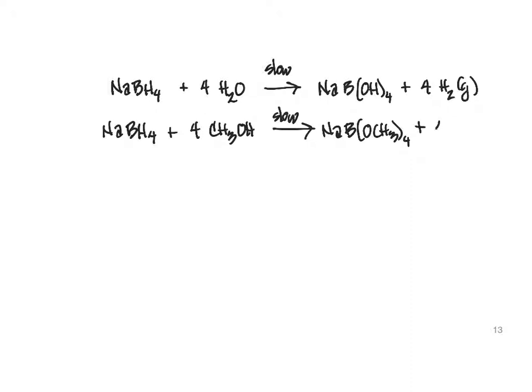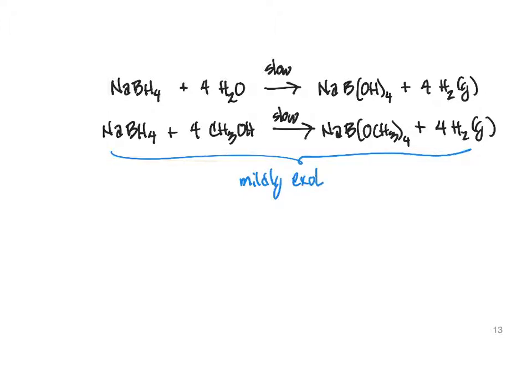And you would get the evolution of hydrogen gas. And these reactions are just mildly exothermic. If you were to run it in a test tube and hold it in your hand, you'd probably feel a little bit of warmth, but not anything terrible.